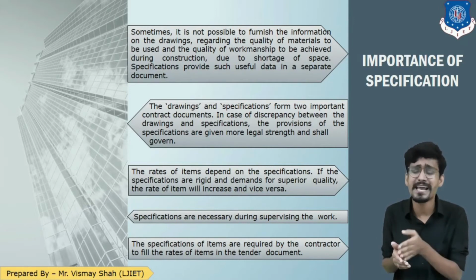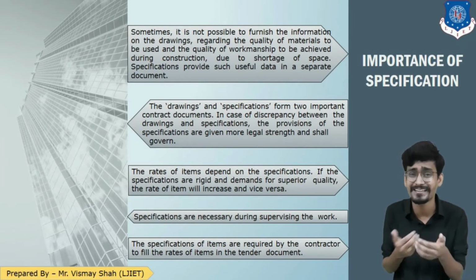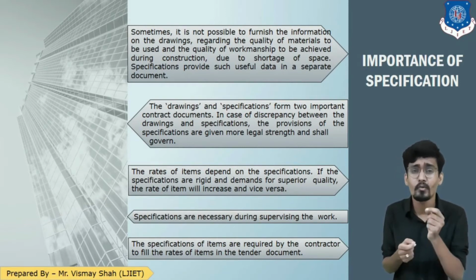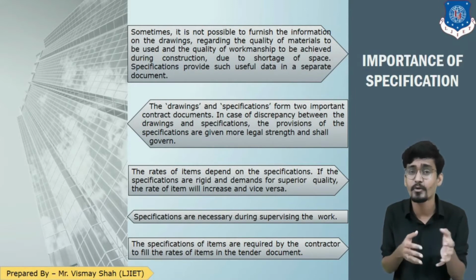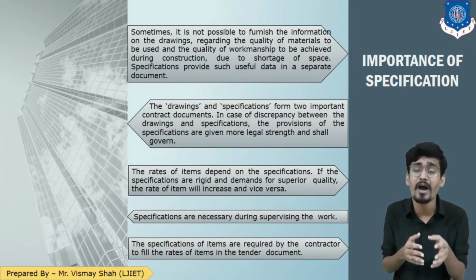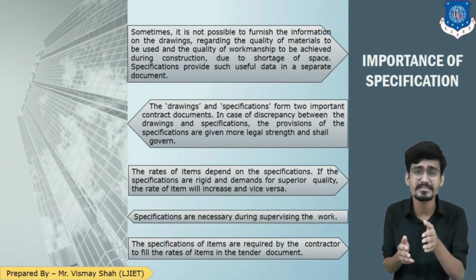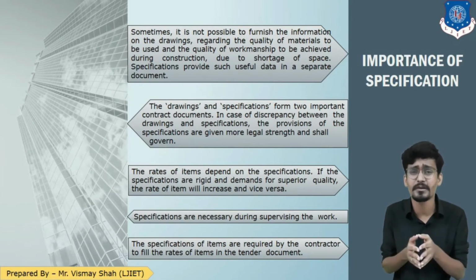They cannot say how to prepare that concrete, what to check in it, or what quality points you need to define while doing the concreting. Due to that space limitation in the drawing, you need a separate document, the specification, to specify those things.